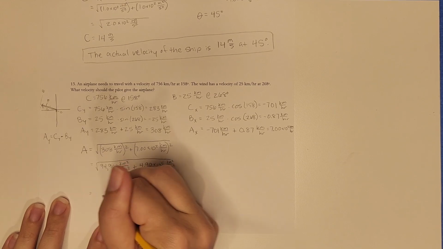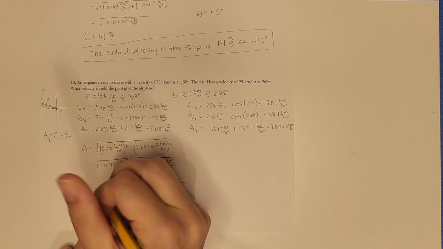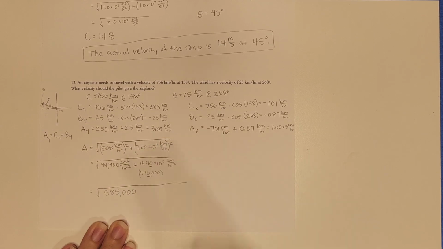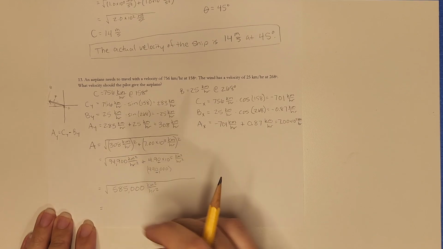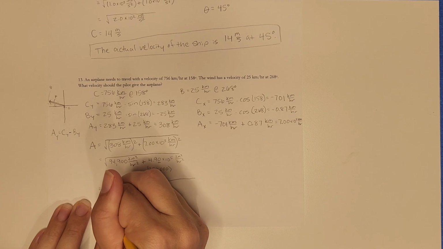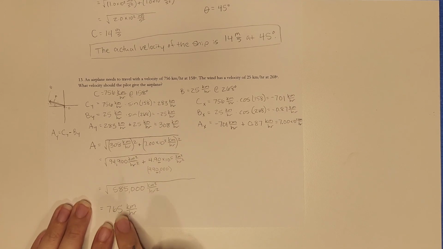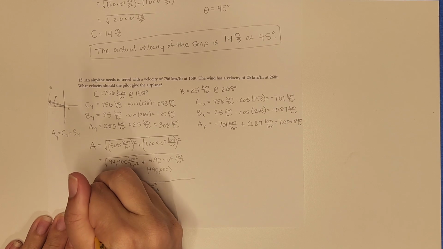So when I add these, I'm going to get 585,000 kilometers squared over hours squared. And when I finally take that square root, I'm going to get 765 kilometers per hour. And remember, I've rounded that to 3 significant figures. So that is my A.